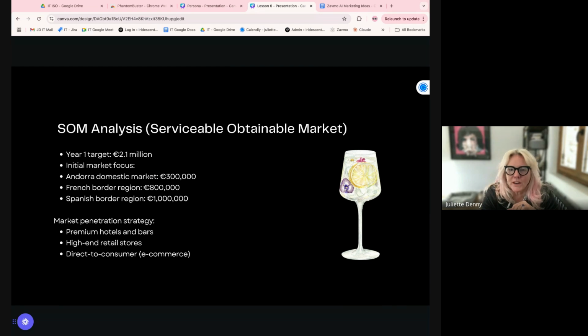Right, how are we going to get to these lovers of craft gin? Well, where are they going to be? They're going to be in premium bars and hotels, and in other high-end retail stores.